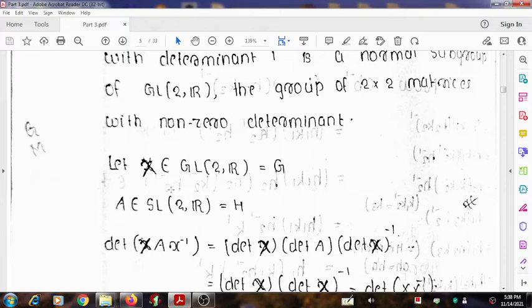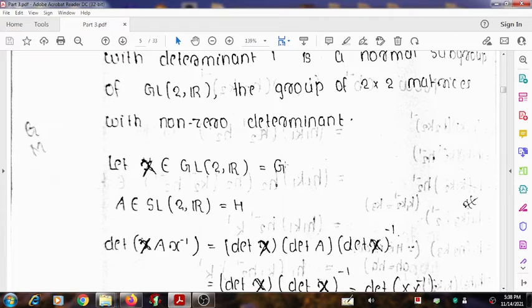So let's take an element of GL2R. Since it's a matrix, we use capital X, and X belongs to GL2R.